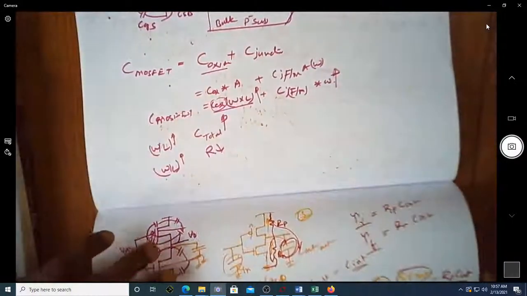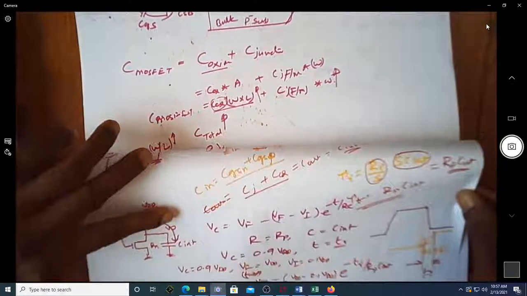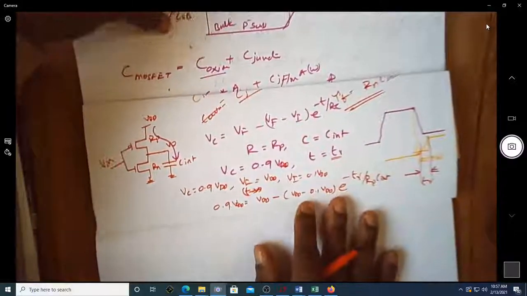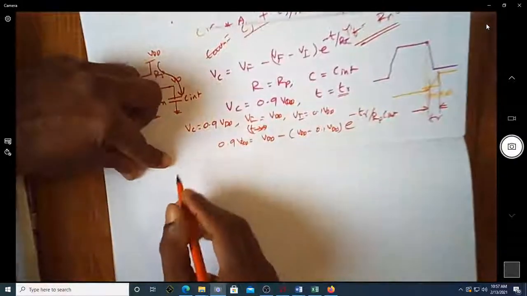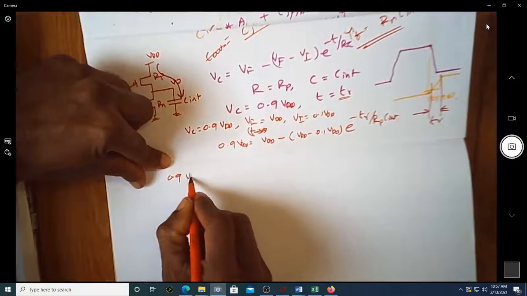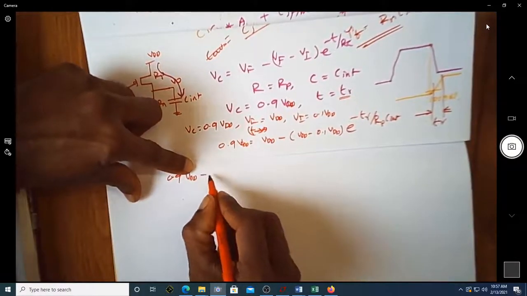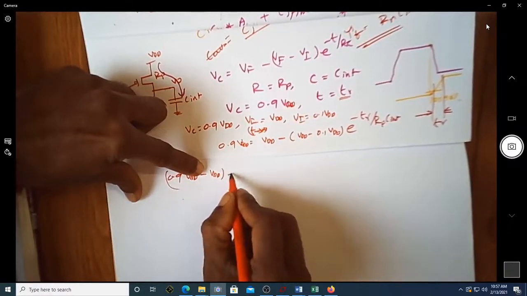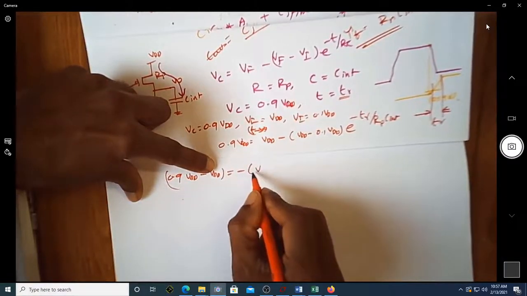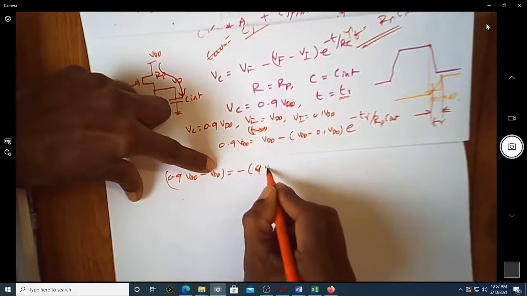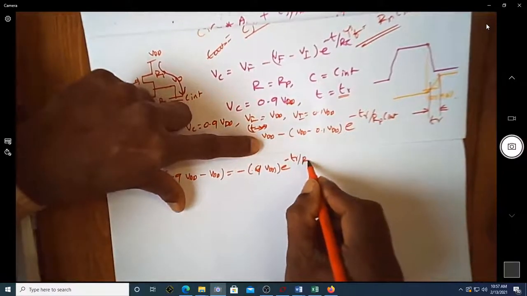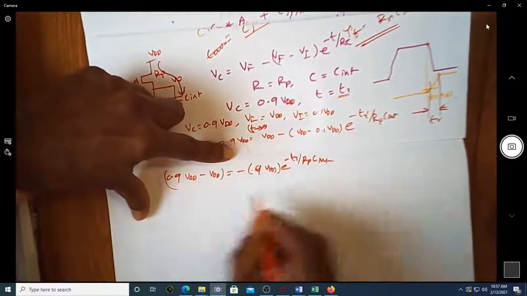So we will get an expression upon solving this. Let me continue the expression. I have 0.9 VDD minus VDD is equal to minus 0.9 VDD e power minus tr by Rp into C intrinsic.